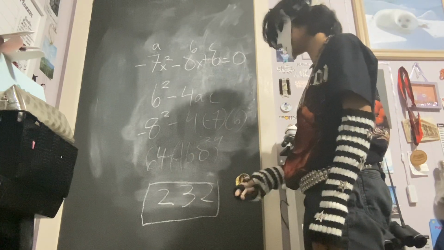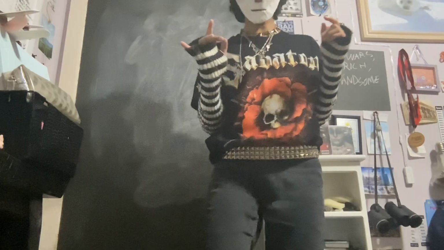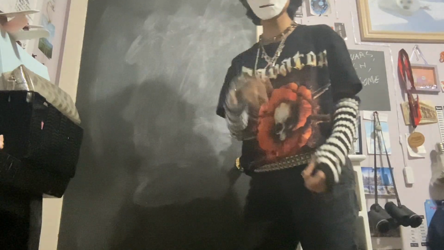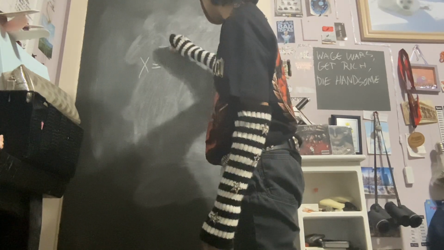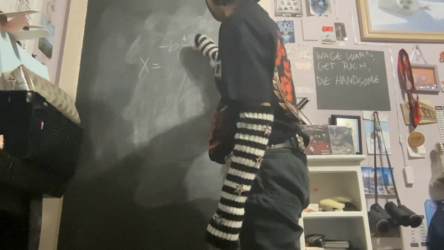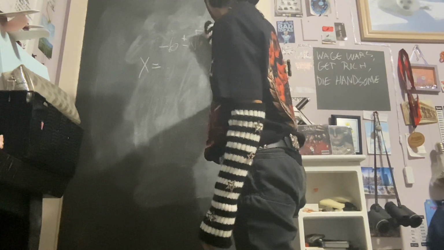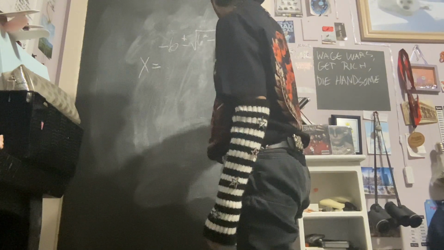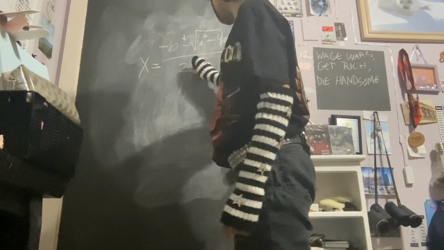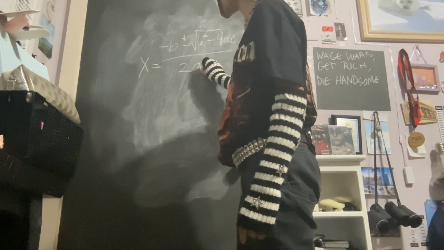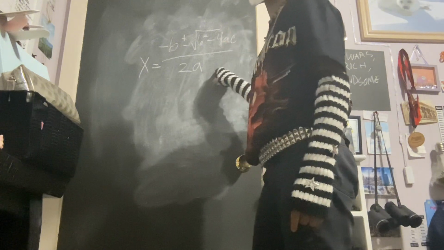Now let's find it using something more complex. Another thing that's good to know about discriminants is the quadratic formula, which is x equals negative b plus or minus the square root of b squared minus 4ac, all over 2a, I think.